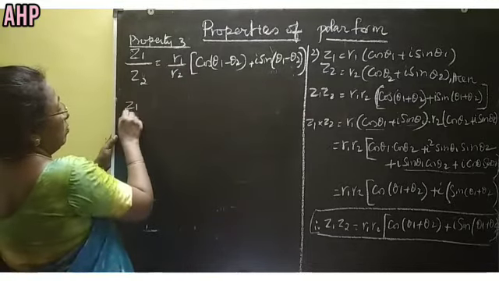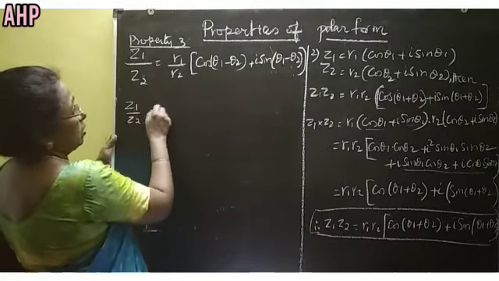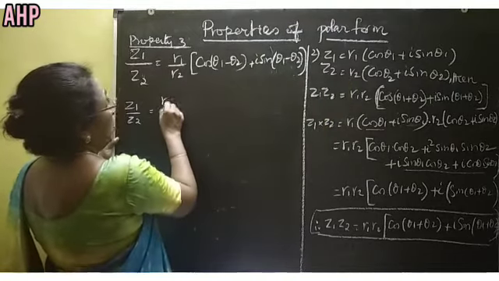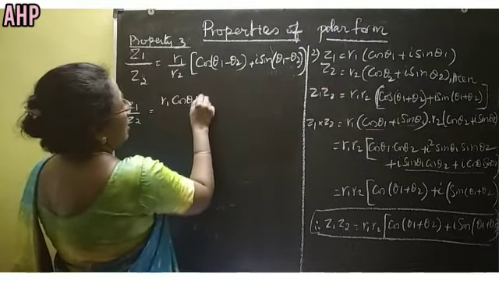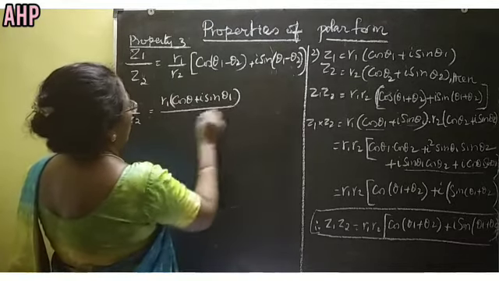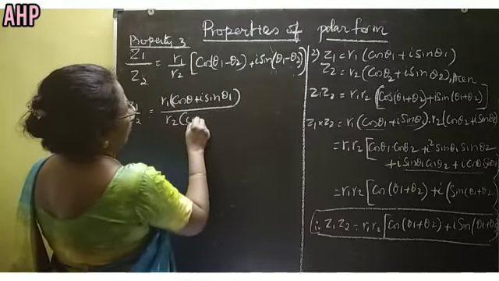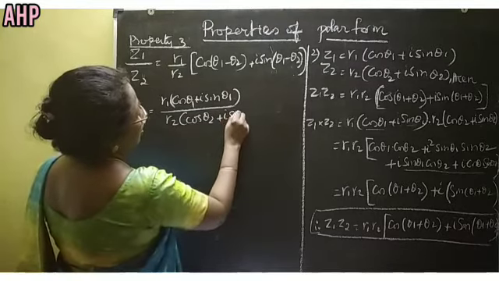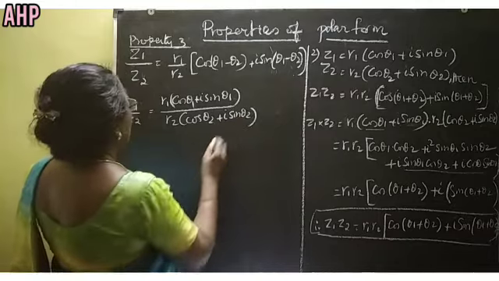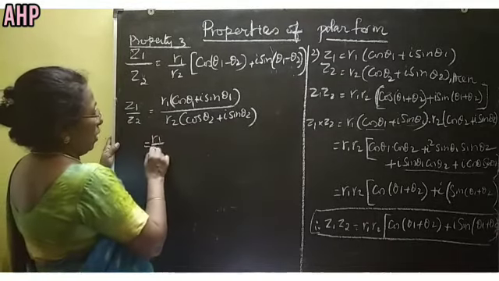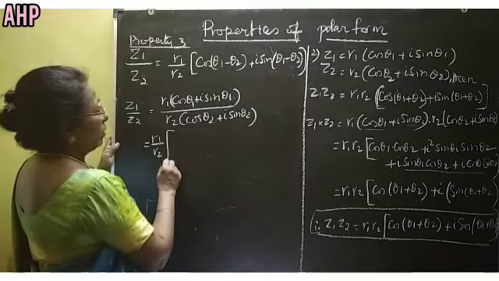So z1 by z2 is equal to z1 value is given to be r1 cos theta 1 plus i sin theta 1 divided by r2 into cos theta 2 plus i sin theta 2. Now r1 by r2 is constant, so we can take r1 by r2 constant outside.